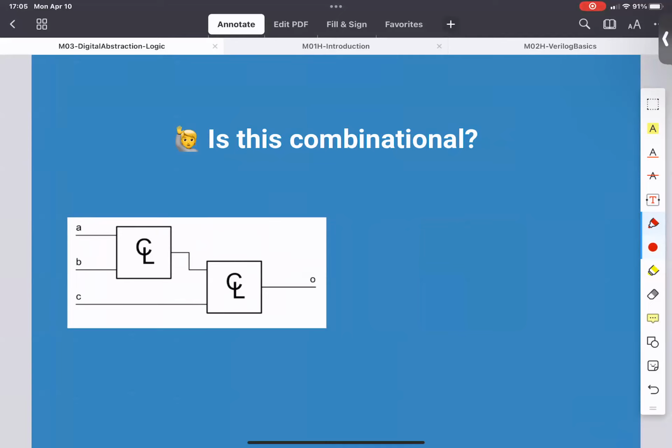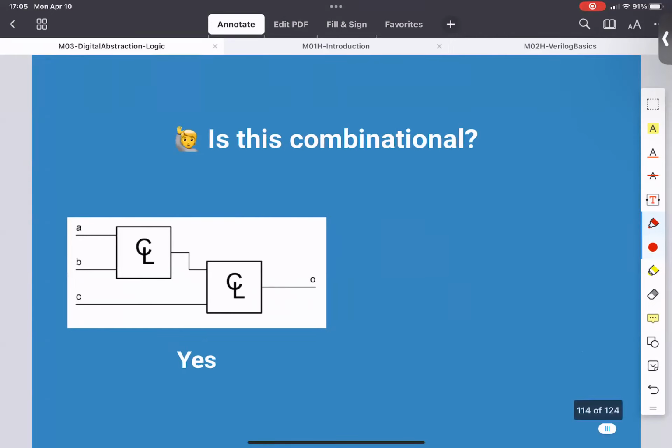I add 2 integers, I still get an integer. So closure property for combinational logic would mean that if I take 2 combinational logic circuits and wire them together, will I still get combinational logic? Is it still a member of the set of combinational logic?